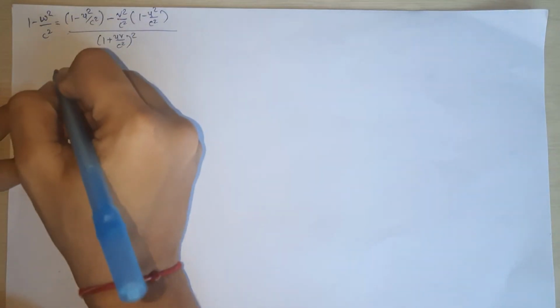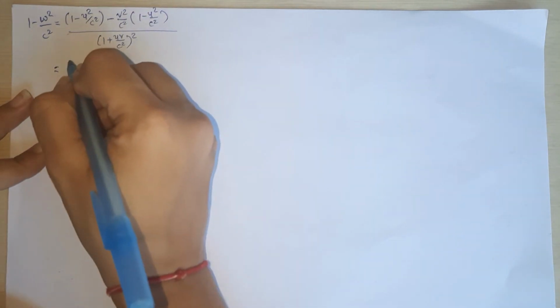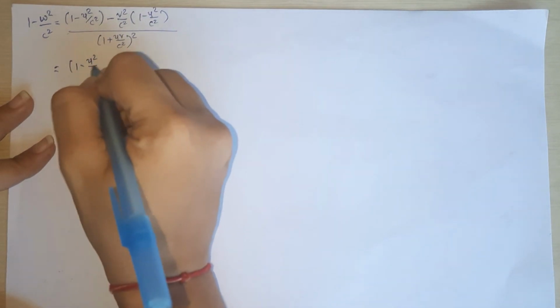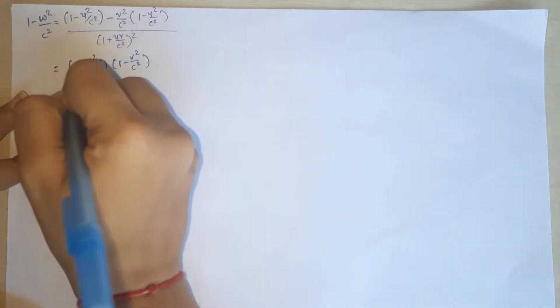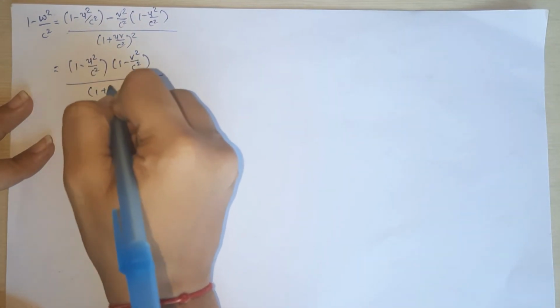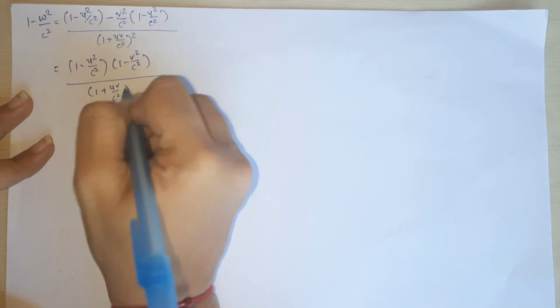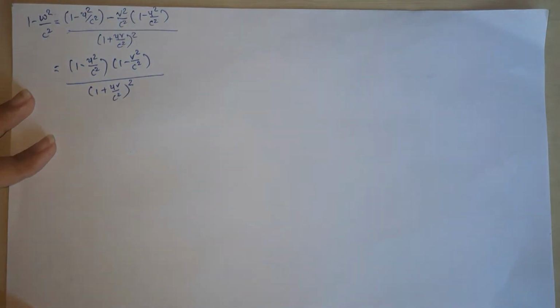So now again simplifying this, we get 1 minus u square upon c square into 1 minus v square upon c square divided by 1 plus uv upon c square whole square.